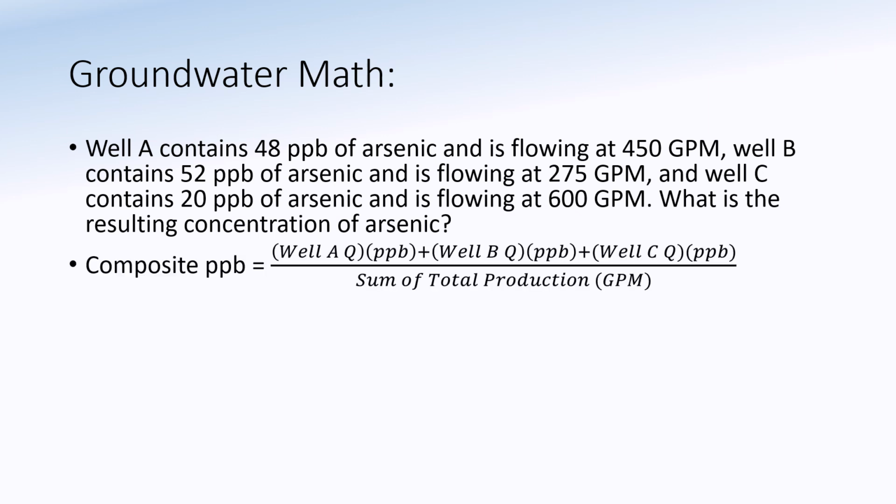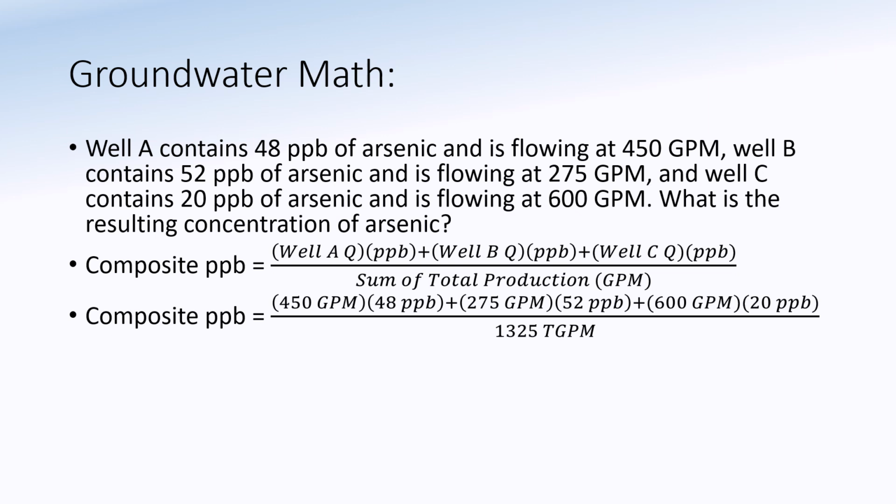So here's the formula. The composite parts per billion will equal well A's arsenic times its flow, plus well B's flow times its level of arsenic, plus well C's flow times its arsenic, and then you total up the total flow and divide the sum by it.